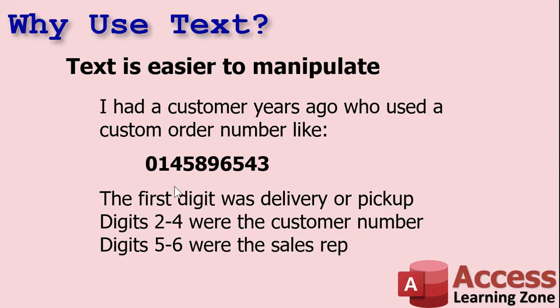Digits 2 through 4 were the customer number, okay? And digits 5 through 6 were the sales rep. So they encoded information in their order number that they had been using for decades before. But that's not really a number. It's a text value. So that's the number one reason why you want to use text instead of numbers. It's just easier to work with on a database level.